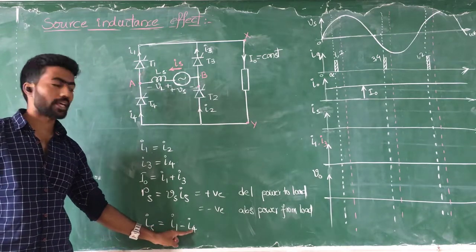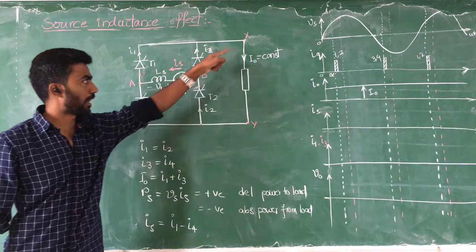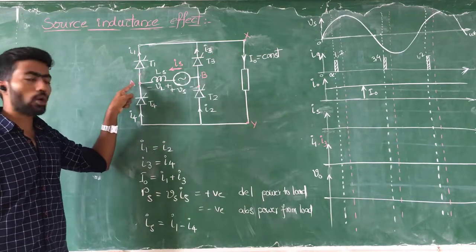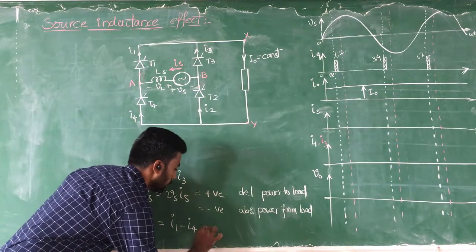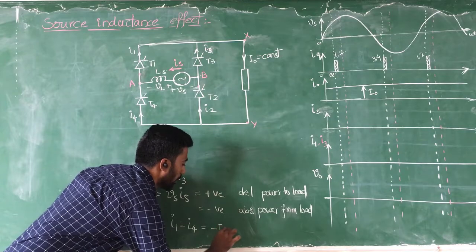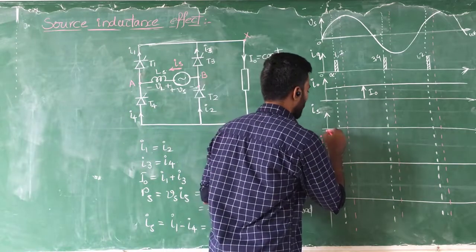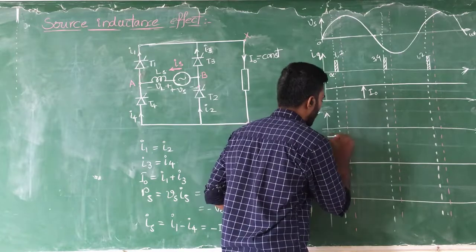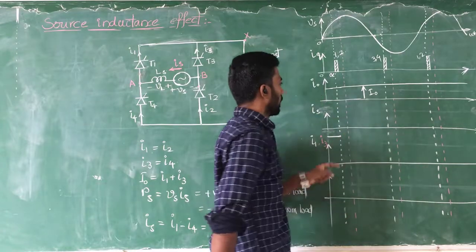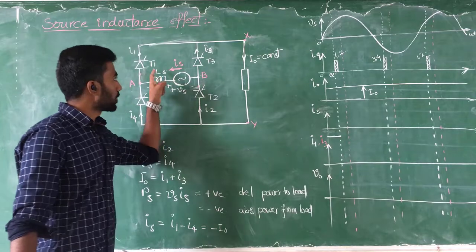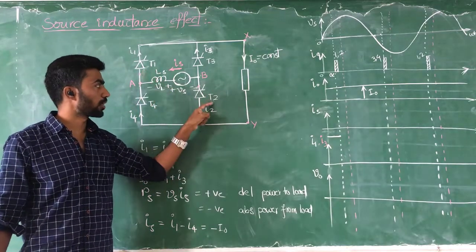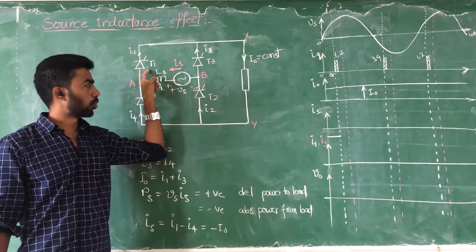Is is equal to minus I4. But I4 current is the I0 current. So the Is current is minus I0 here. And after that, we have given the triggering pulse to thyristor 1 and 2.